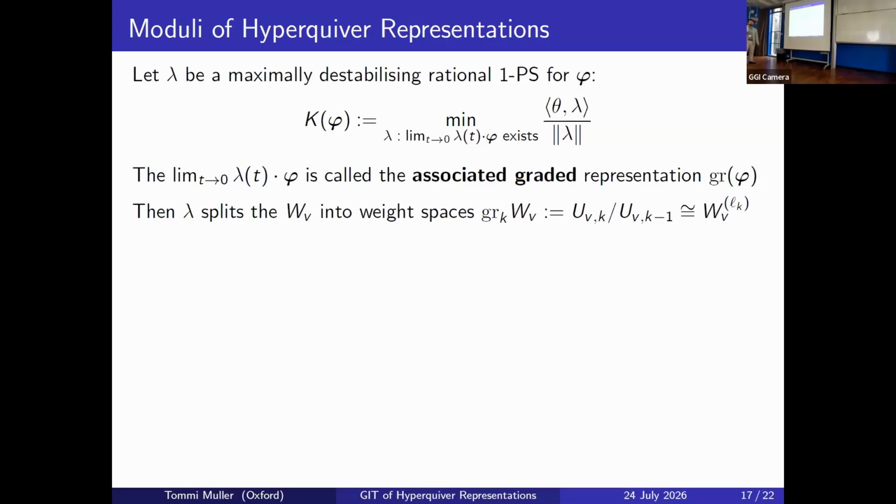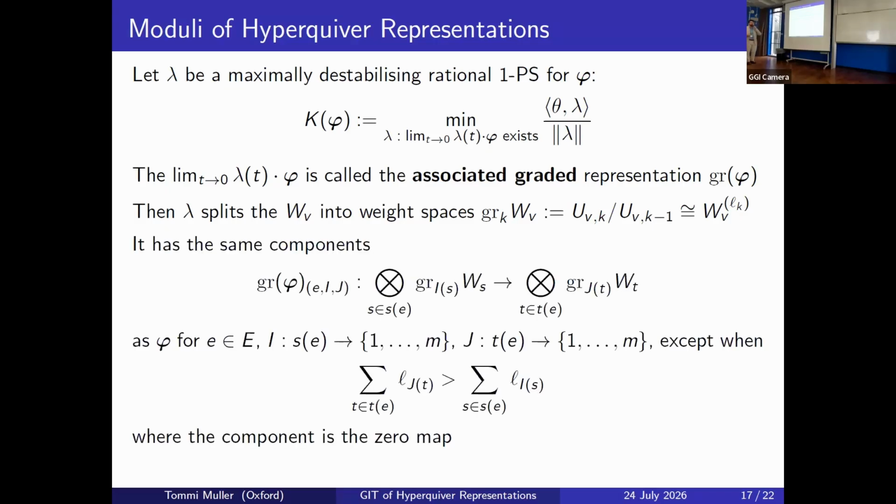How does the associated graded compare to phi? If we list out all the components of the associated graded, the components are an edge, a choice of weights at the source, and a choice of weights at the target. So we get a component of GR phi like this.